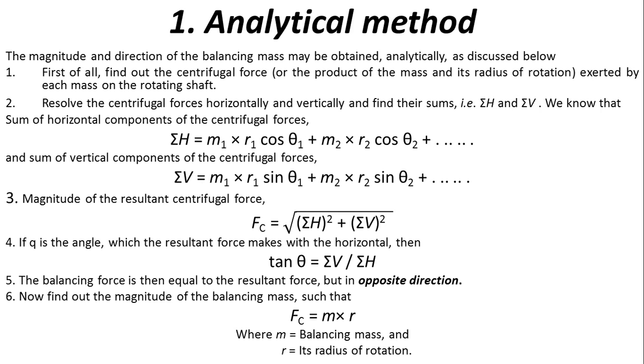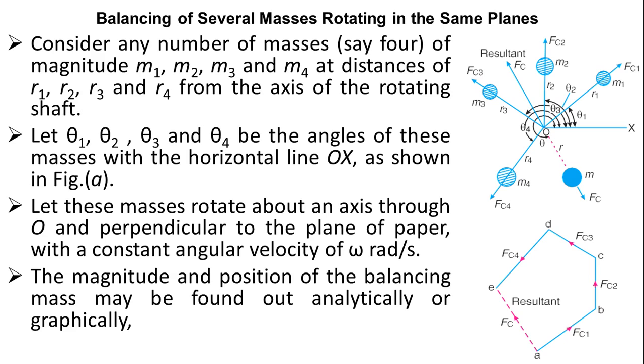In this method, just by solving the equations, you get the result for balancing. The magnitude and direction of the balancing mass may be obtained analytically. You can see these are all disturbing masses. To balance the entire system, an additional mass has to be added, so you have to find this unknown mass m, shown by the completely shaded blue color.